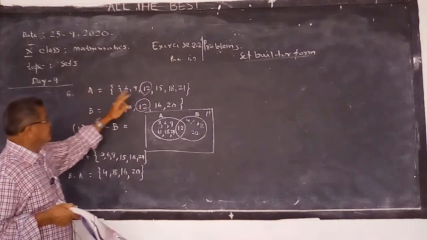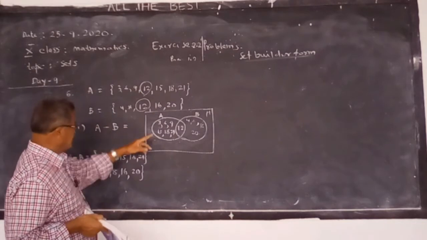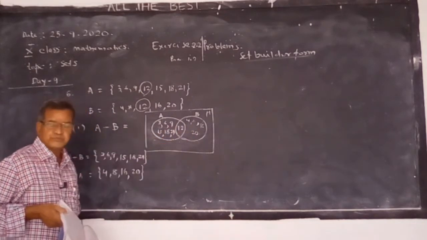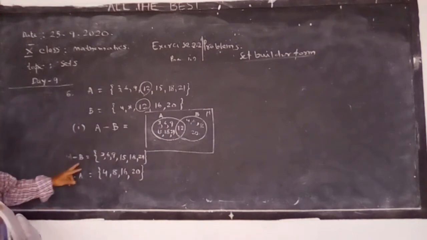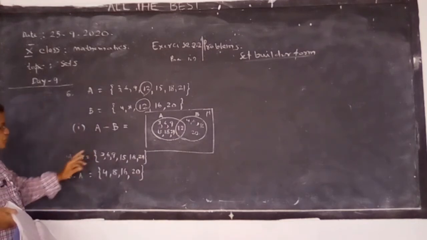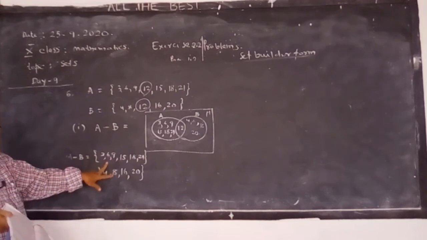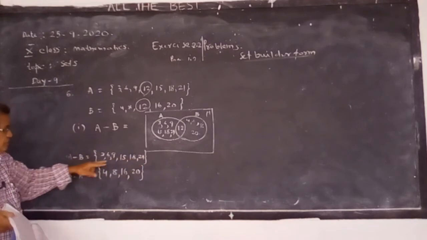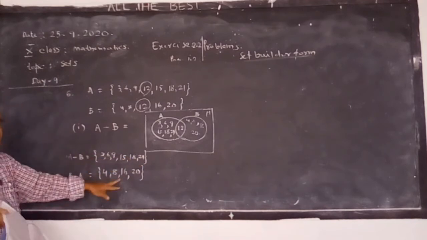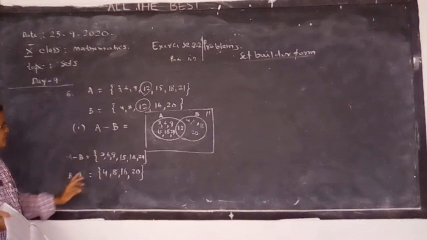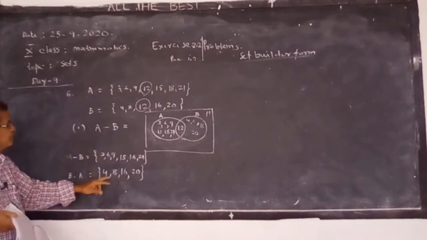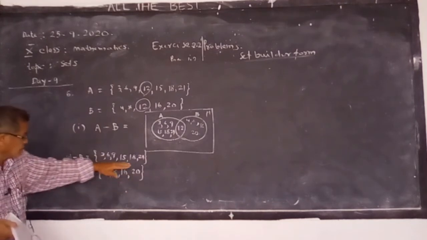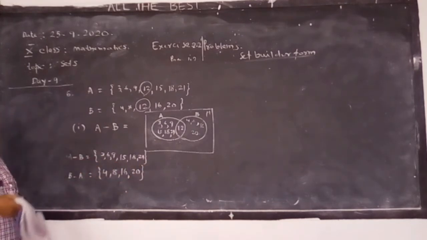Remaining elements of set A is A minus B, and remaining elements of set B is B minus A. In set-builder form, A minus B is x such that x belongs to A and x does not belong to B. And B minus A is x such that x belongs to set B and not A.